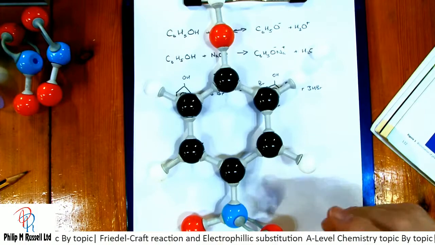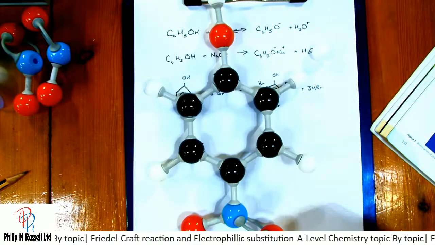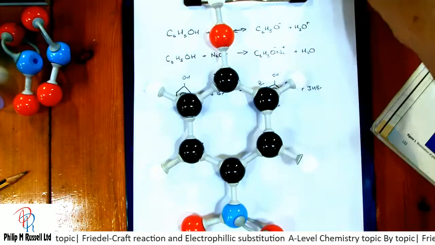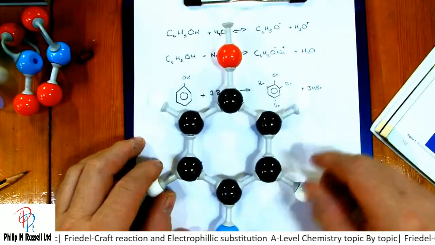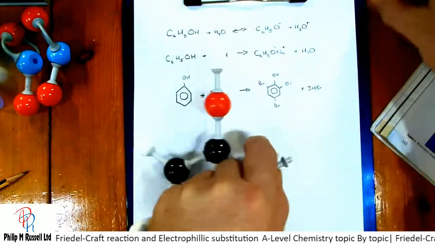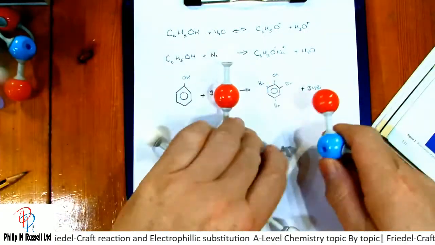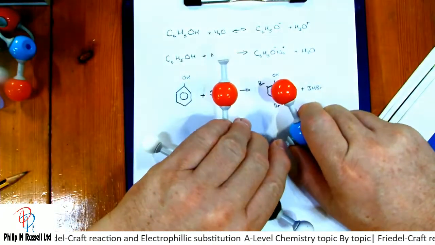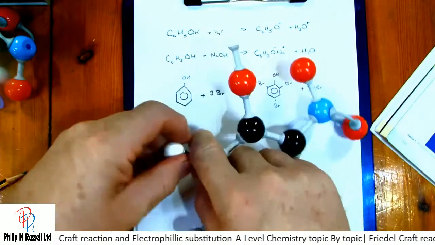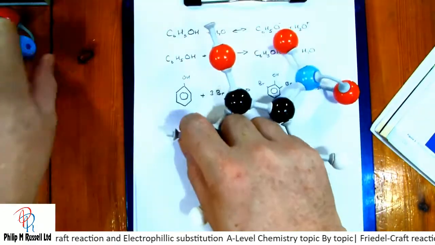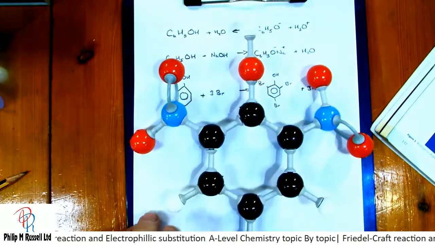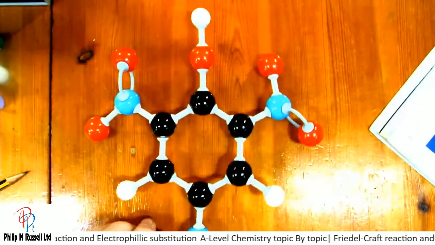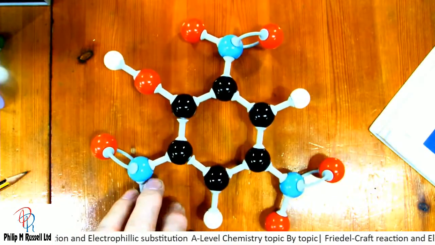If you want to have much more fun with this reaction, instead of using dilute nitric acid, you can use conc nitric acid. Then what we'll get is a triple substitution, and we'll get in here, just making the molecule there, just so you can see it.